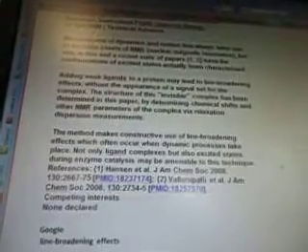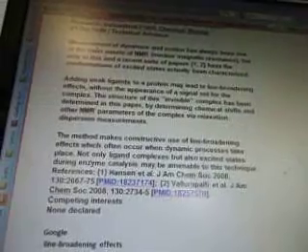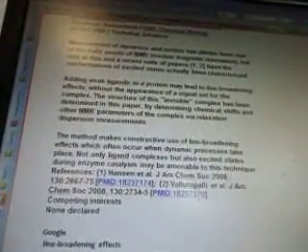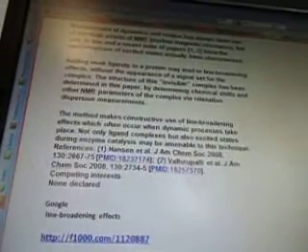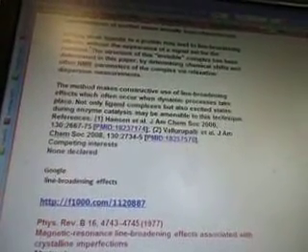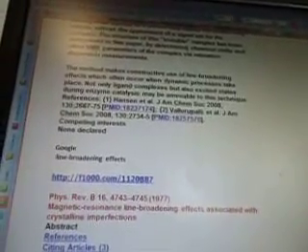Adding weak ligands to a protein may lead to line-broadening effects without the appearance of a signal set for the complex. The structure of this invisible complex has been determined in this paper by determining chemical shifts and other NMR parameters of the complex via relaxation dispersion measurements. The method makes constructive use of line-broadening effects which often occur when dynamic processes take place. Not only ligand complexes, but also excited states during enzyme catalysis may be amenable to this technique.